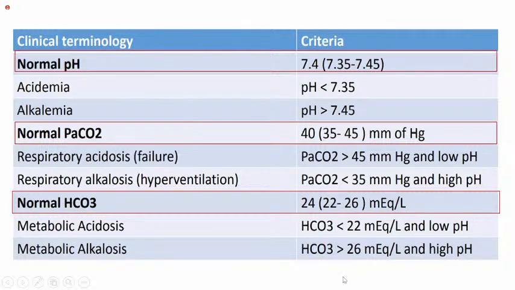If you're retaining bicarbonate or you've given the patient too much alkali containing solutions, bicarbonate can go to more than 26. So you're retaining a lot of base, so your pH goes high. That is what we call a metabolic alkalosis. So it is important to memorize normal pH, normal PCO2, and normal bicarbonate levels.